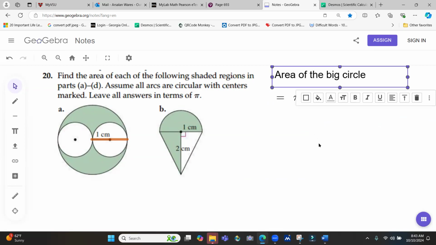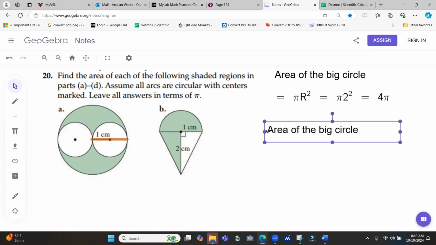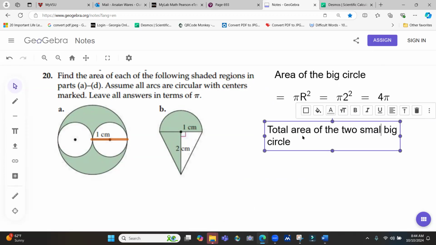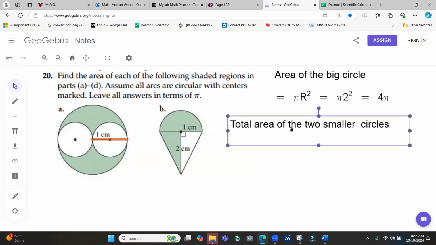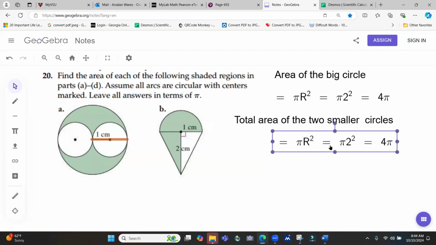What's the area of the smaller circle? So I'm going to say total area of the two smaller circles is what, guys? Same story. You're going to take your pi, but this time your radius is going to be 1.